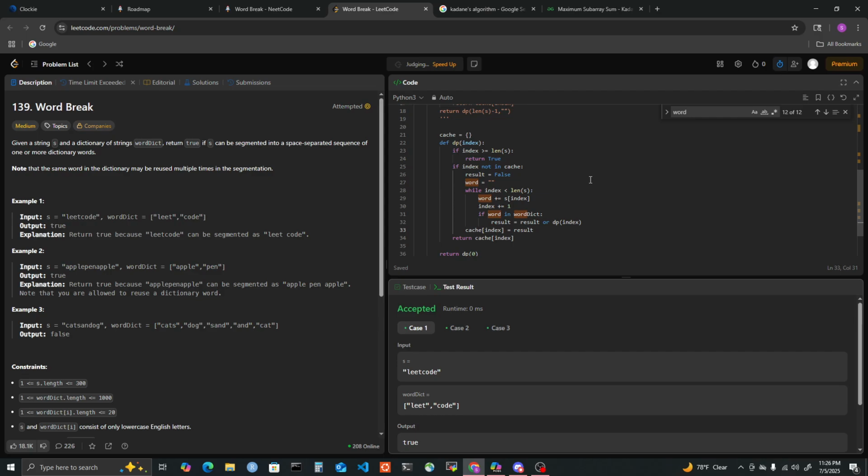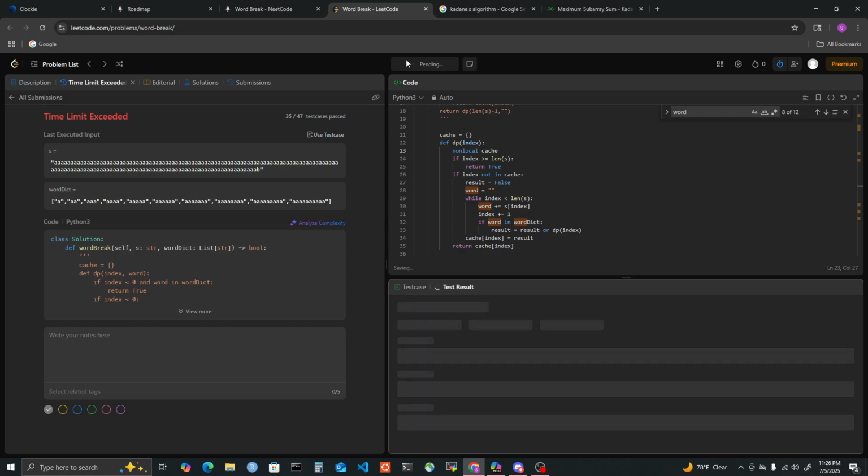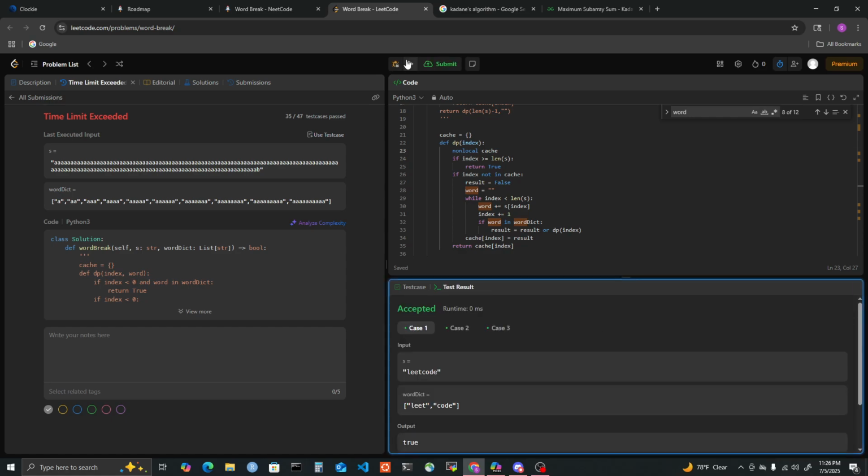I'm guessing it's gonna fail on 45 again, or it's gonna be time limit exceeded. Genuinely speaking, I don't know what I'm expecting here, because this is the fun part about bottom up.